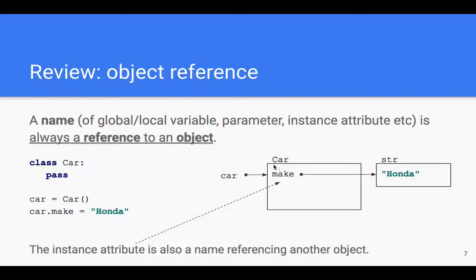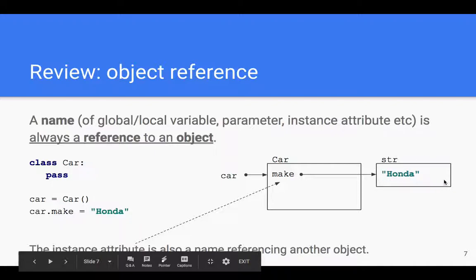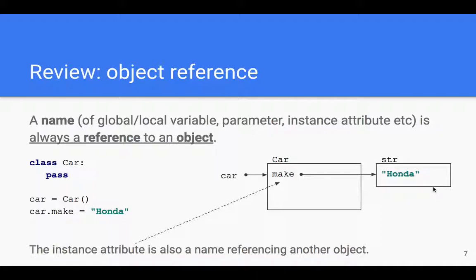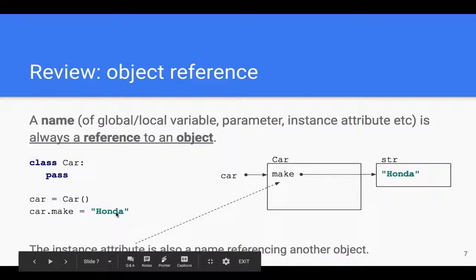So make itself is also a pointer to a different object. In this case, that object happens to be a string object, and the string object holds the string Honda. So that's really the most accurate picture for what happened here.